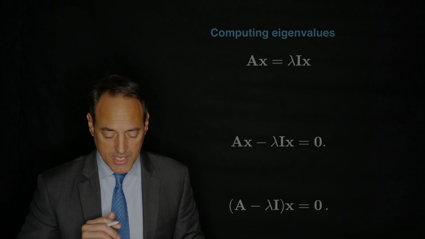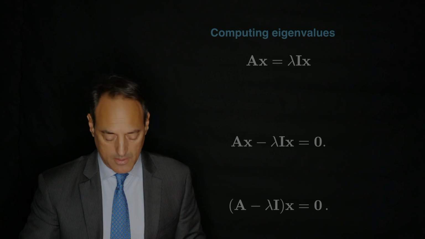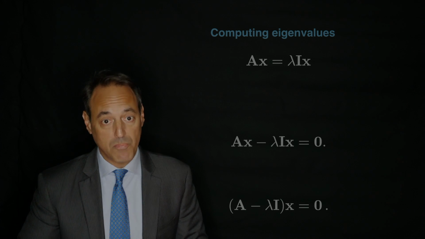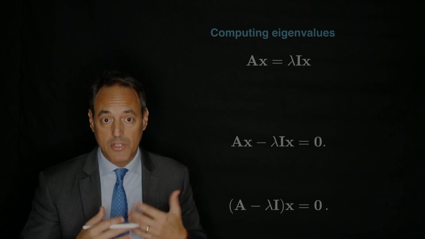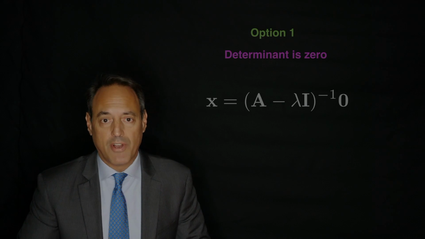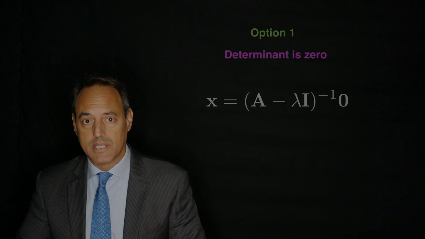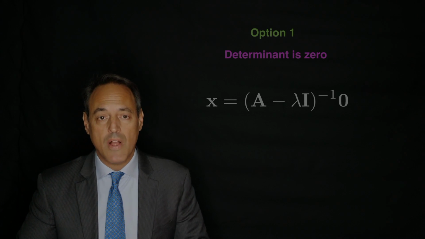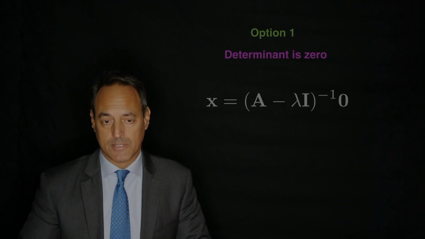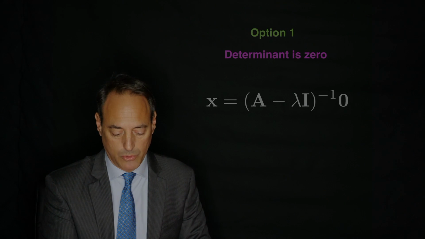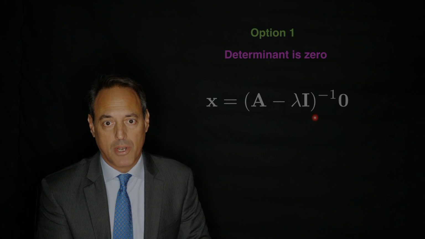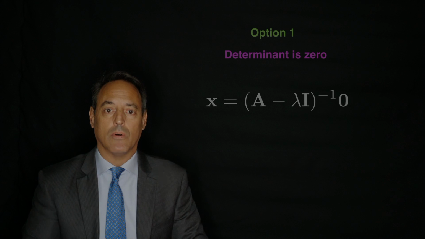And here's why. Because option 1, the determinant of this matrix is not 0, which means I could invert it. Normally this is a good thing for us in solving an Ax equals b problem. So if I take option 1, where the determinant is not 0, that means the matrix A minus lambda I has an inverse. So great, I can get the solution, which is x equals the inverse of that matrix, but on the right-hand side I had 0.